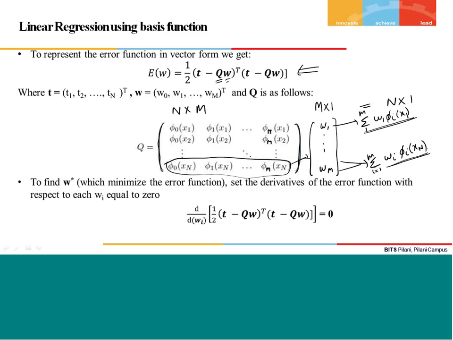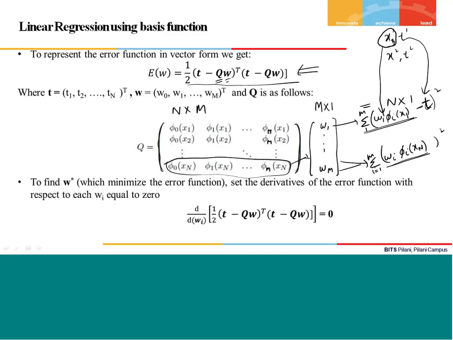I need to subtract to find out how much my hypothesis is differing from my data output. I told you that this is how I get x1 t1, x2 t2. So when I feed this value into my hypothesis, I get some value, and this is the actual value. How much it differs from the hypothesis, I'm just taking it and squaring it. So this is nothing but the sum of squares. So when I write it, it will come into this form.